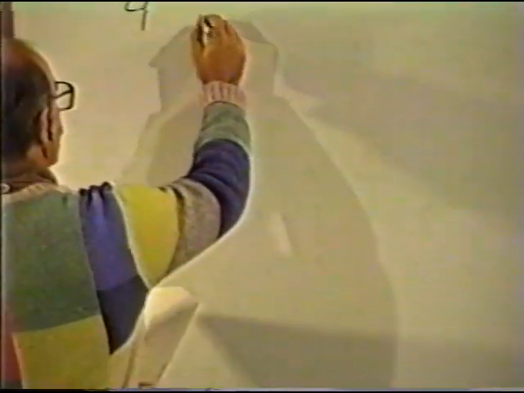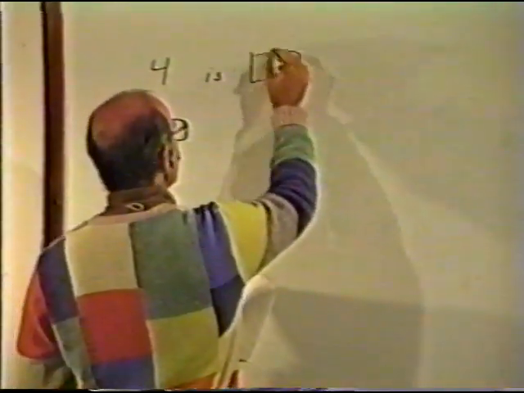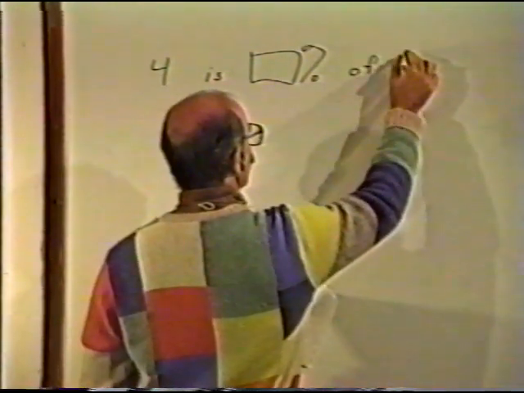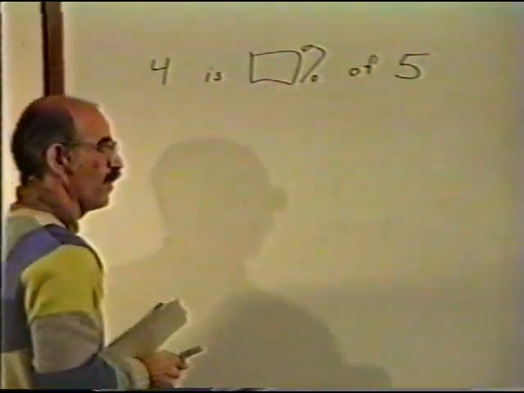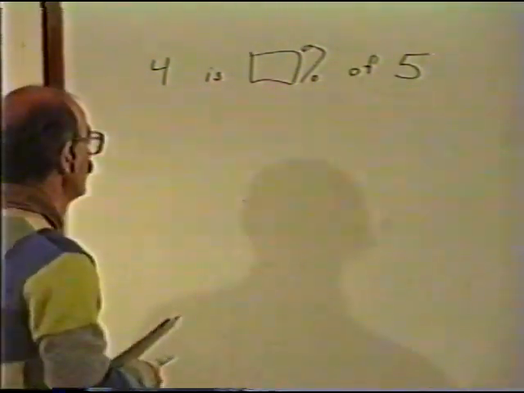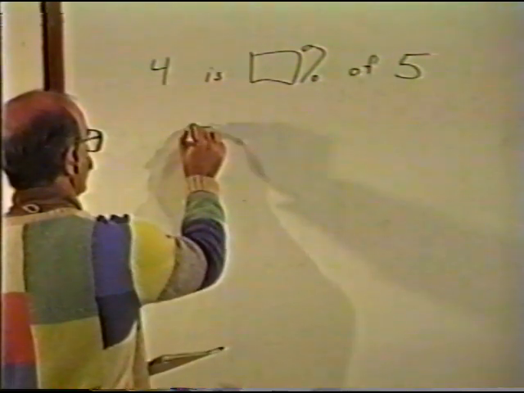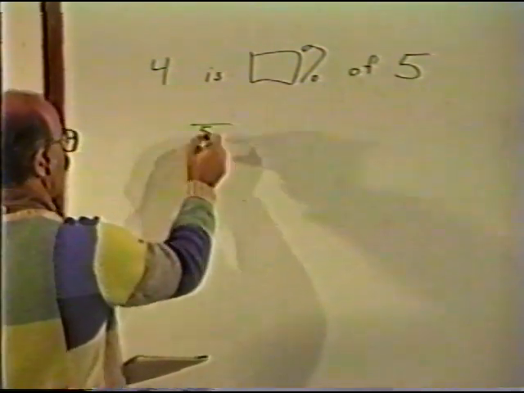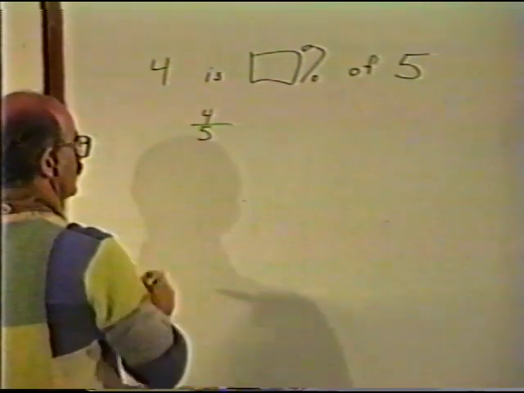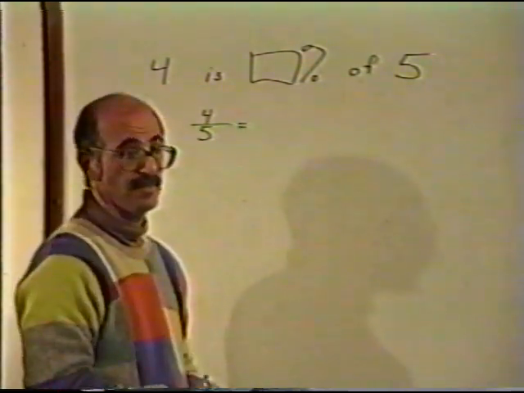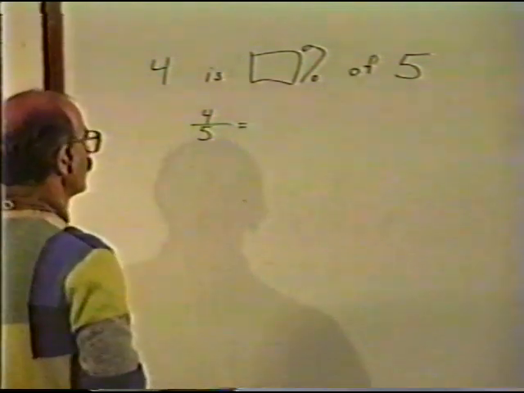Four is what percent of 5? What percent? A type 2 problem. What number goes on the bottom of our fraction? 5. And the 4 goes on top. 4/5 is equal to how much percent? 80%.